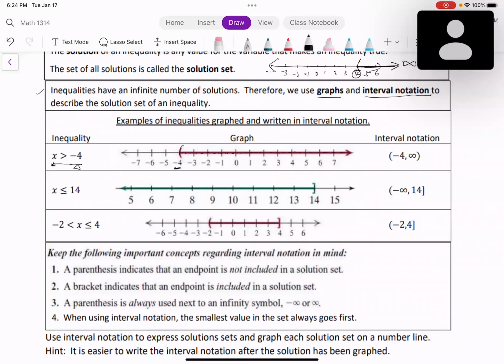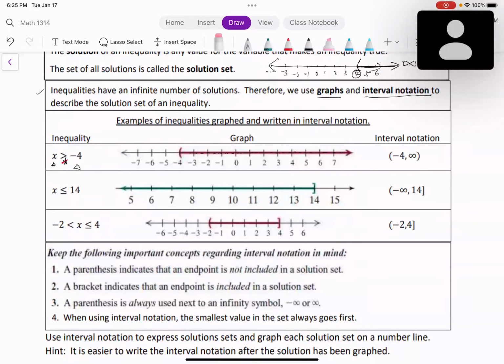We use parentheses to say the numbers start from -4, but -4 is not included in my solution because it doesn't have a chance to equal. If I have an equal sign, we use brackets. If there's no equal sign, we use parentheses.